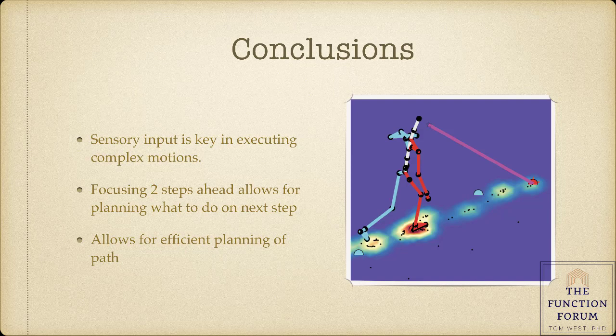Vision was much more important in these more challenging types of environments. And in general, people focus 1 to 2 steps ahead, so that they're planning not just where to place their foot next, but what to do with their foot in that position, so they know what direction they're going to have to push to get to the step after that.